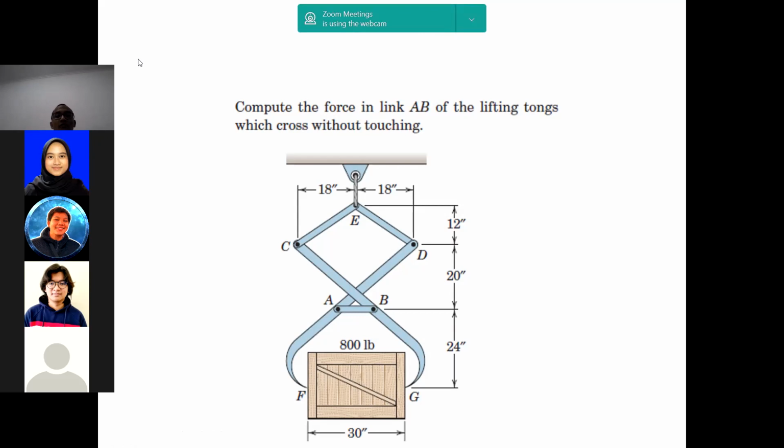Now Fauzan, can you help me determine which members here are two force members? CE and ED. CE is a two force member. ED is a two force member. What else? AB. Anything else? That's all. So those three members are two force members.